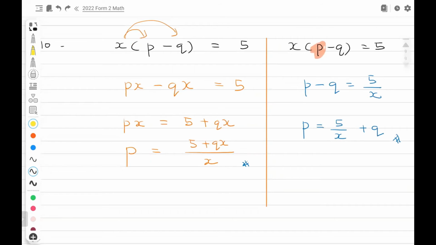Any questions to ask? Up to 10, the 10 examples here. Does this method apply to anything also? Or the second method.